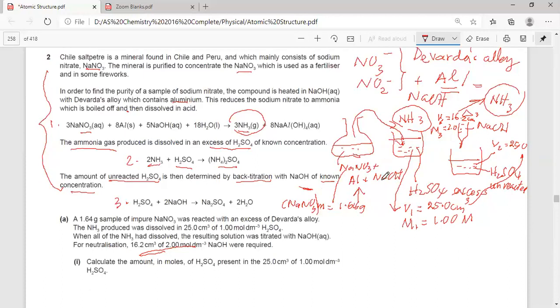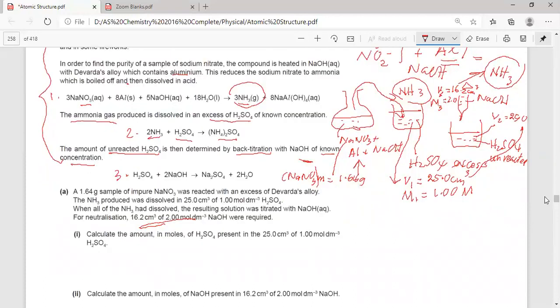So you see in the picture, one whole stretch here. Calculate the amount of moles of H2SO4 present in 25.0 cm3 here. That means originally, before reacting with ammonia, how much is it? Very simple.